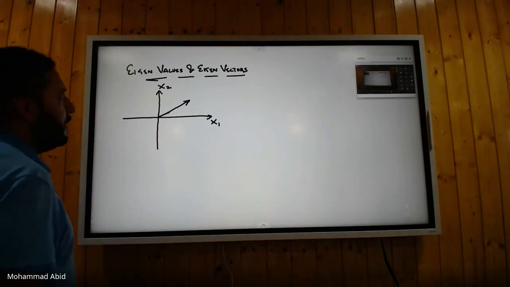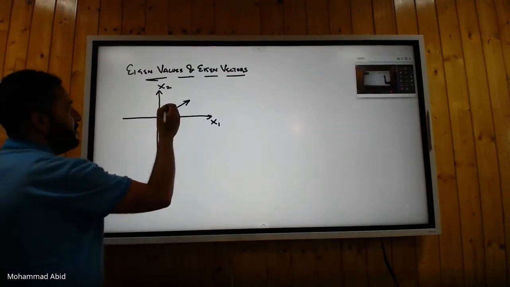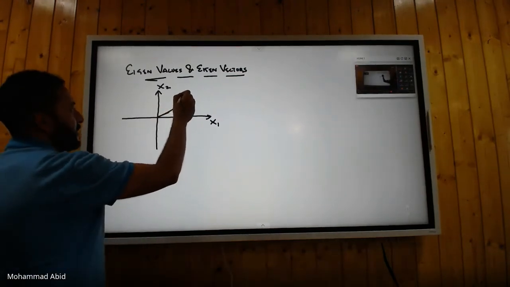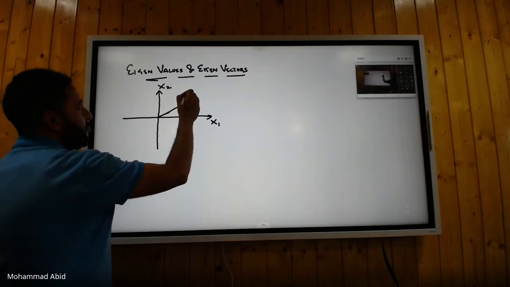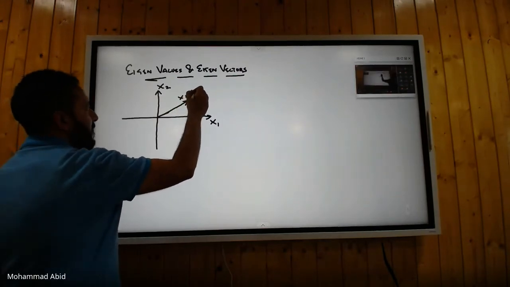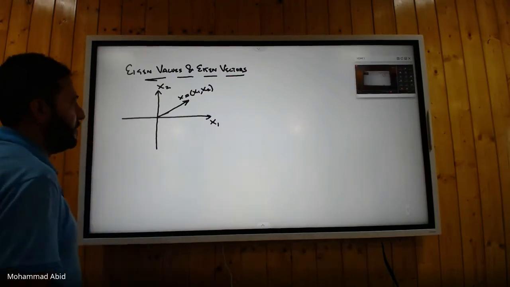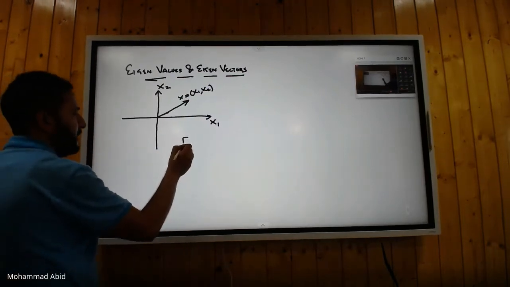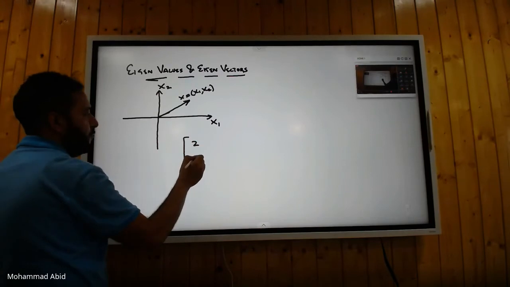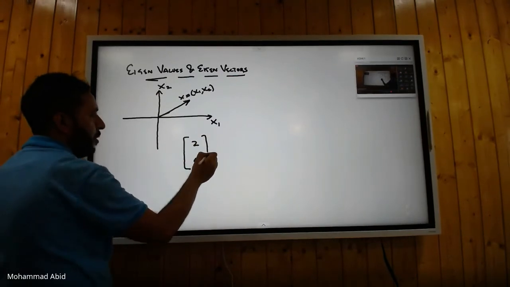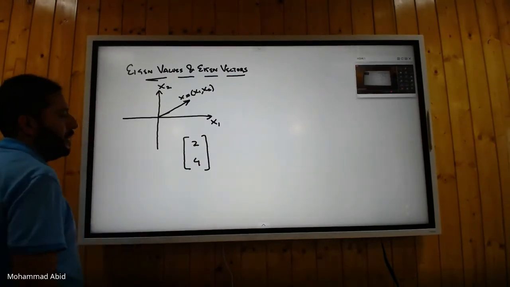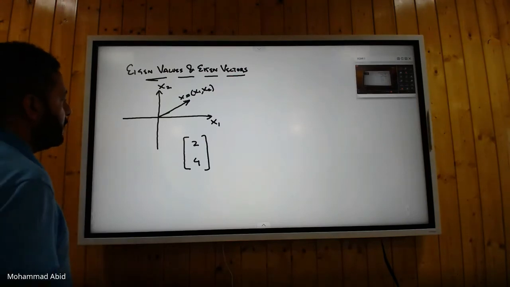Now, let's call this vector x. It has two components, x1 and x2, for a two-dimensional space. So let us say this vector is something like this, 2 and 4. So let's say this is x.